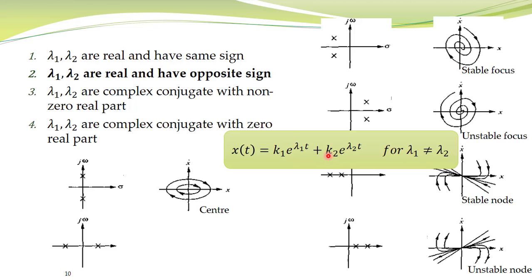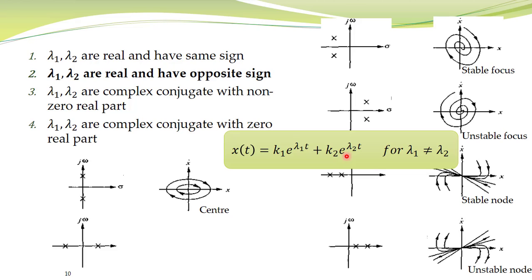How do we determine k1 and k2? These are determined from initial conditions. So depending upon the initial conditions, k1 and k2 can have different values. One of these exponential terms is growing exponential and other is decaying exponential, right? Because one is negative and one is positive. So one exponential is decaying and other is growing exponential.